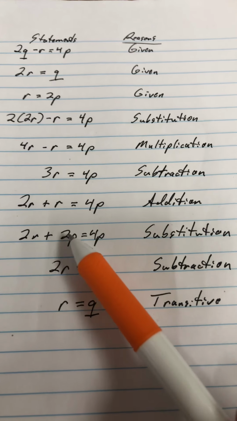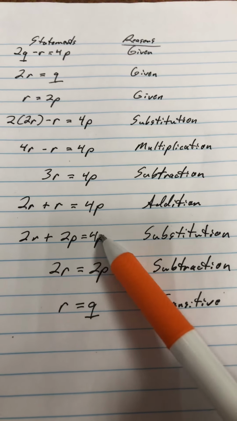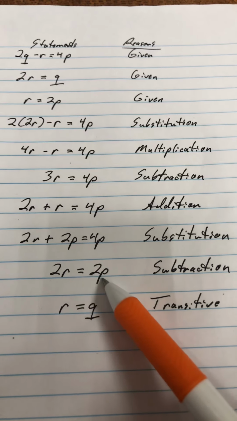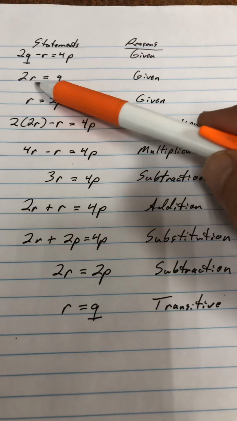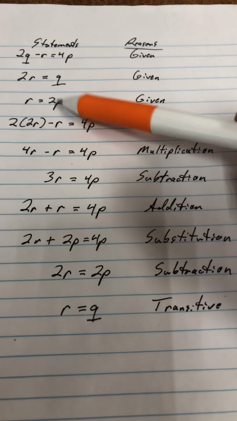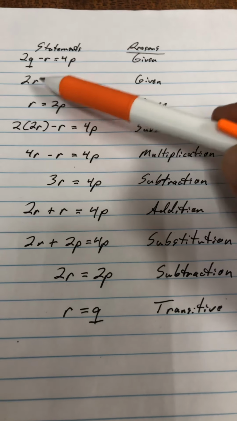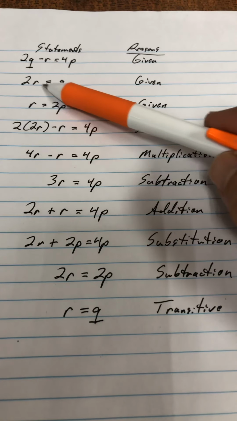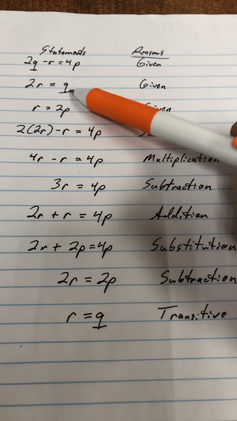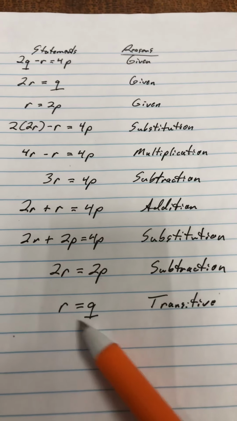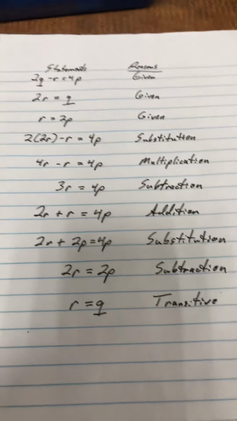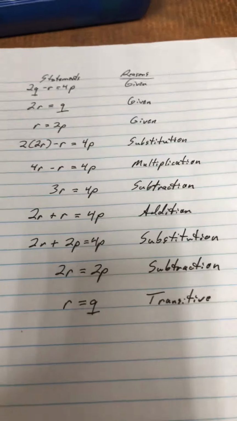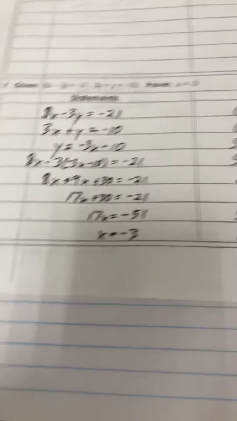And then I subtract 2P from each side, and I get 2R equals 2P. Now see, I have 2R and I have 2P. Since 2R equals Q, and 2P equals R, and 2P and 2R are equal to each other, that means transitively R and Q are equal to each other, so that's transitive. So you may want to rewatch that one. There's a lot going on in number 5. I think it was the hardest one.